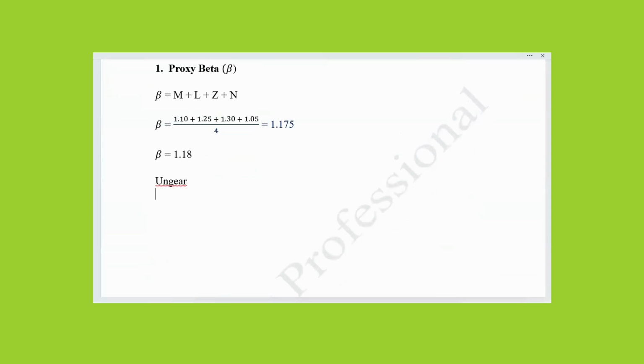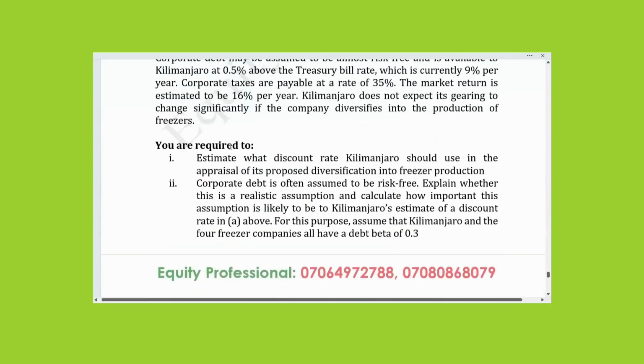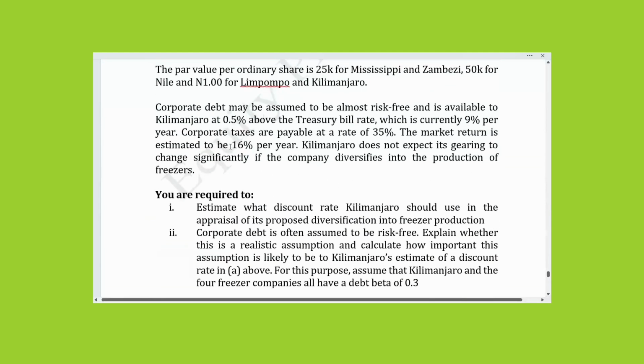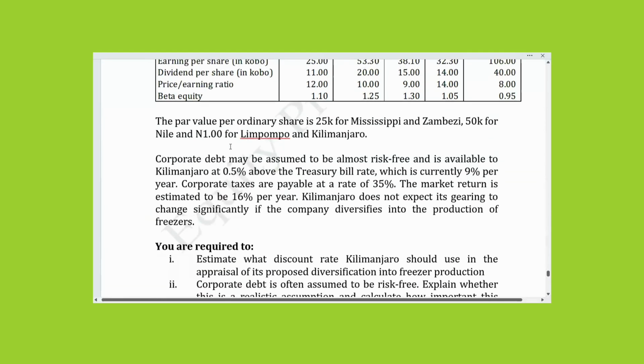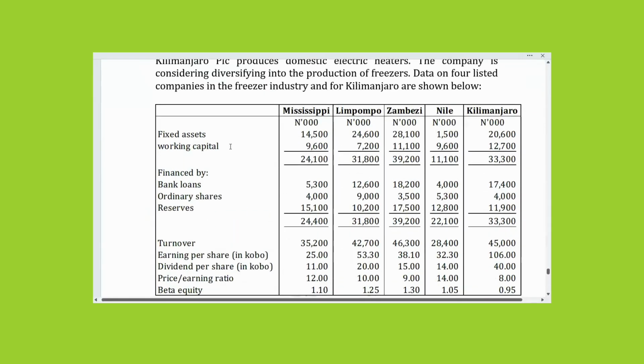So how do you ungear? I said there are two different formulas that you can use, depending on whether or not debt beta is given. So in this question, we need to check if we are given debt beta so that we will know the appropriate formula to apply.